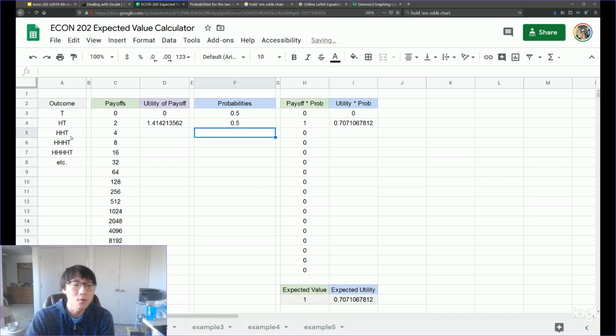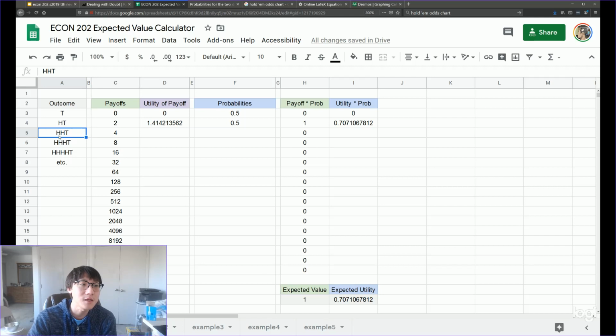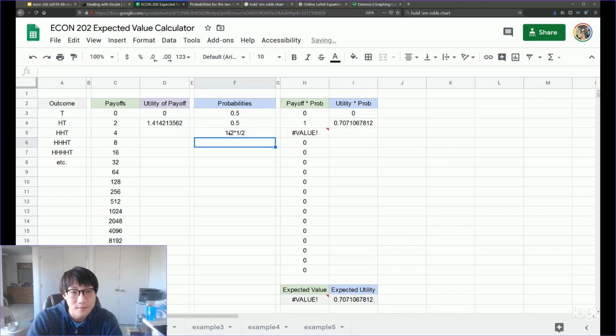Okay. Now, what is the probability for me to get 2 heads in a row? Well, the probability of 2 heads in a row is 1/2 times 1/2, or 0.25. In other words, it's half the probability that I would only get 1 heads in a row. Okay, so here my probability is 1/2 times 1/2, or 25%.